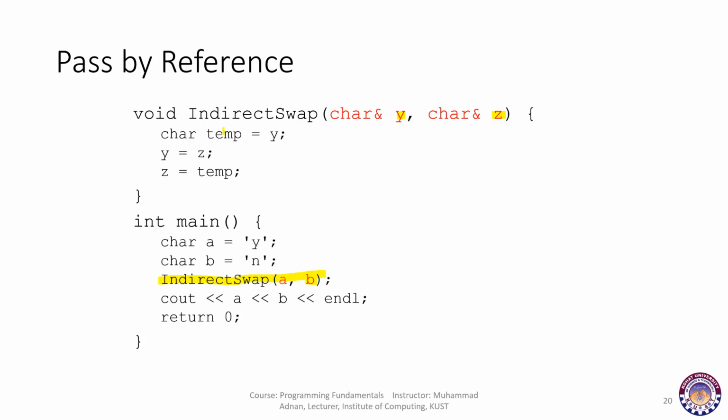Then we store the value of y in temp. So temp now has the value of y. So y is pointing to the value of a, which is y.